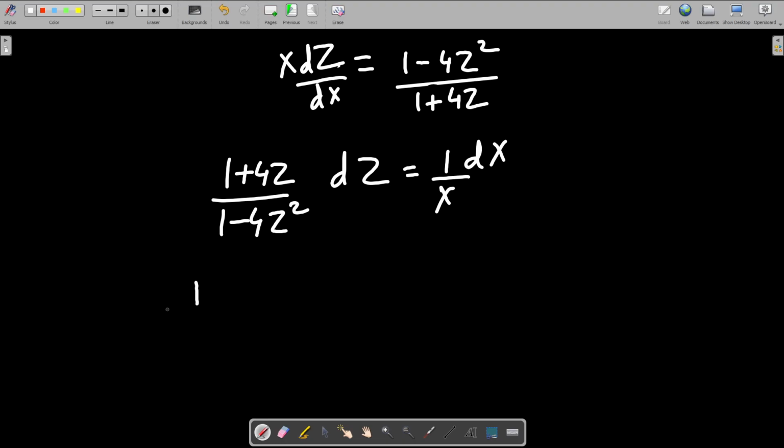So I can do this like this, 1 minus 4z square, split it, and this will become 4 times 1 minus 4z square upon z. Okay, my intention here will be to make the numerator the derivative of the denominator.